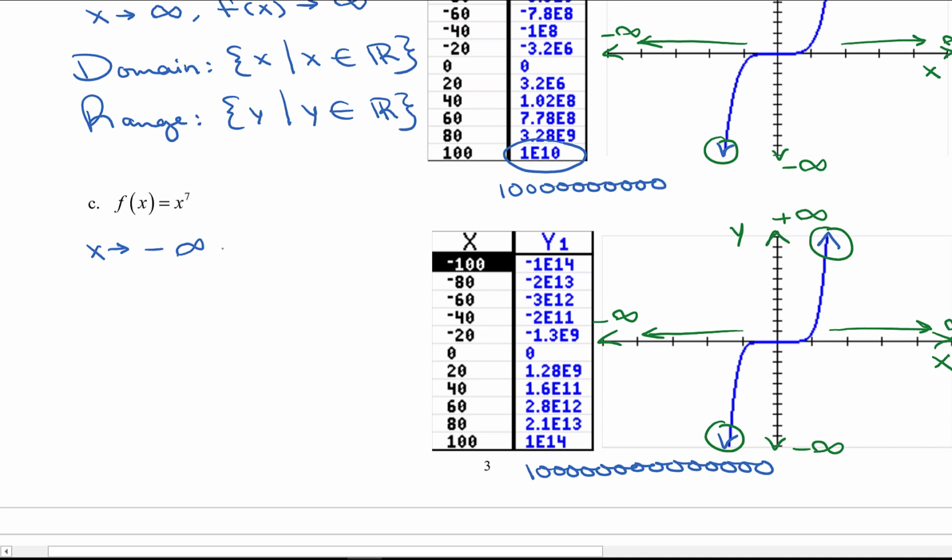There we go. Looks a little neater. f of x approaches negative infinity, and as x approaches positive infinity, f of x approaches positive infinity. And once again, our domain remains the same.